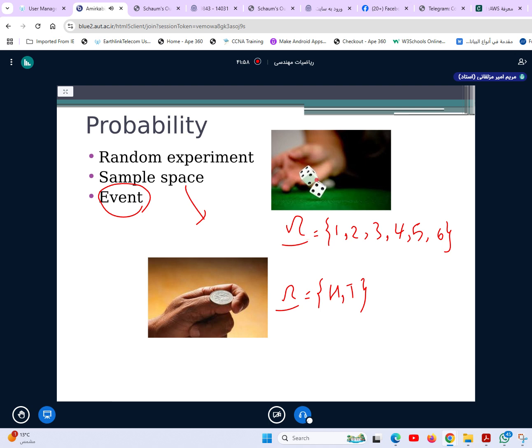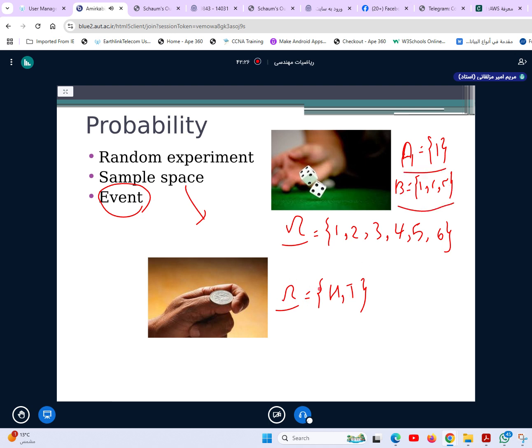For example, in rolling a dice, a set A that is equal to {1} is an event. Or B, for example, suppose rolling a dice, B = {1, 2, 3} is an event.